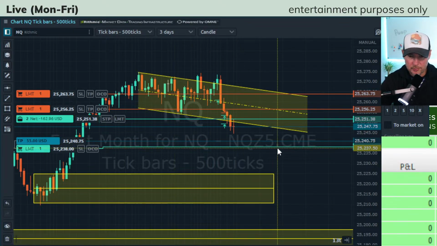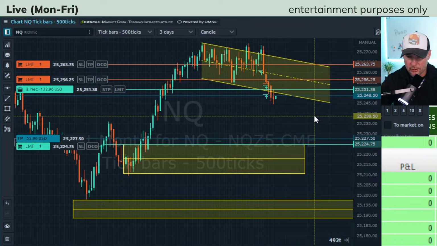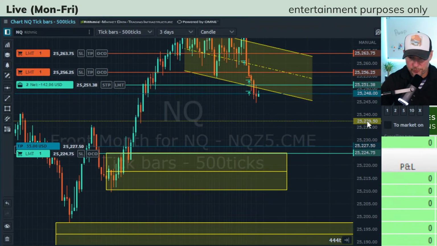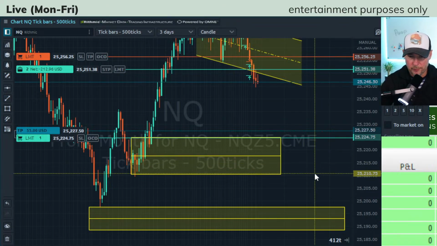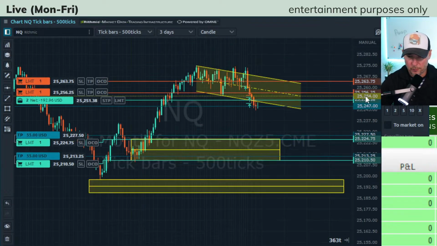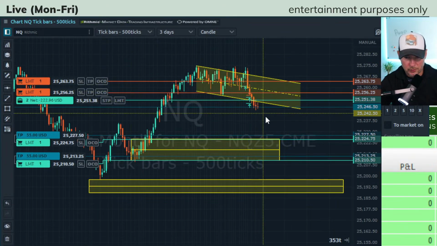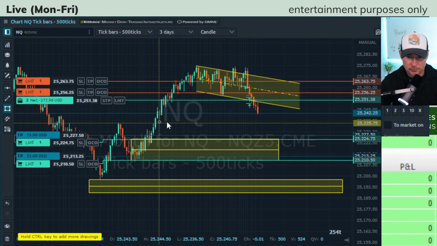A lot of times the market likes to kind of break down and then recover. I mean, this is our next AOS, so I'm going to try to trade from here. Sometimes it likes to break and then come back. There could be a little bit of a bounce from here.